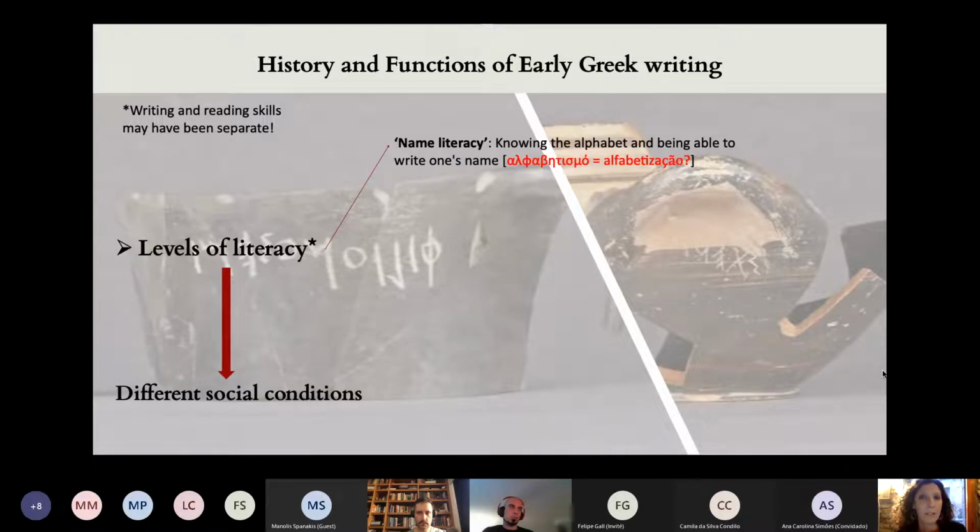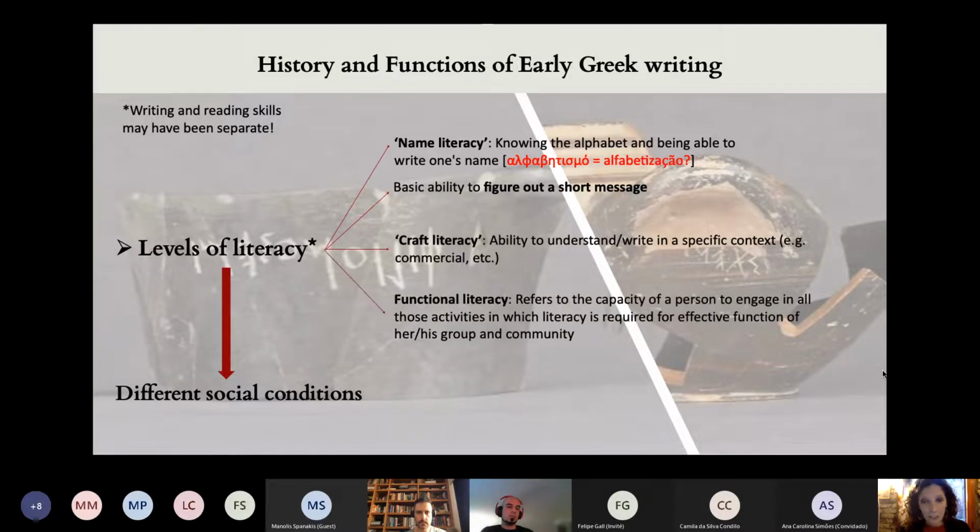There is, for example, what she called name literacy. That is just knowing the alphabet and being able to, for example, write your name, or maybe just to figure out a very canonical message like a sign or something like that, or a short message. And then there are other levels of literacy and the full literacy.